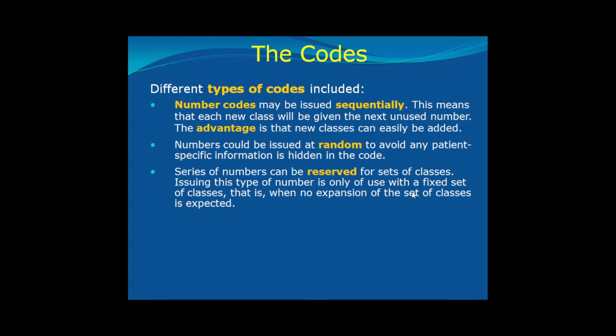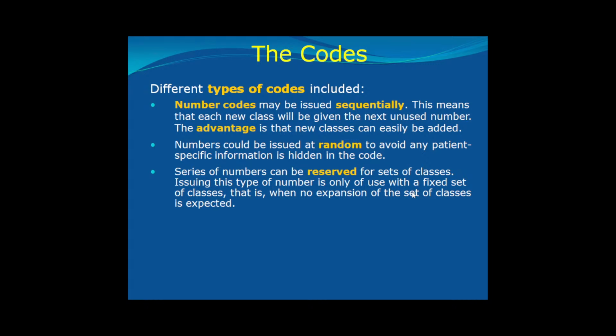Different types of codes are possible in classification systems. Number codes may be issued sequentially. This means that each new class will be given the next unused number. The advantage is that new classes can easily be added.